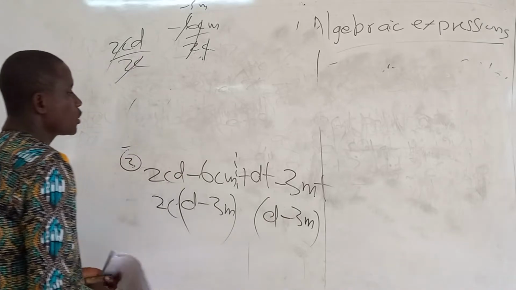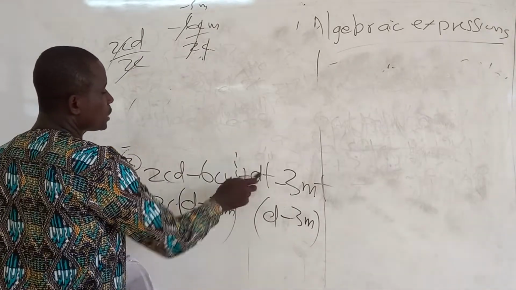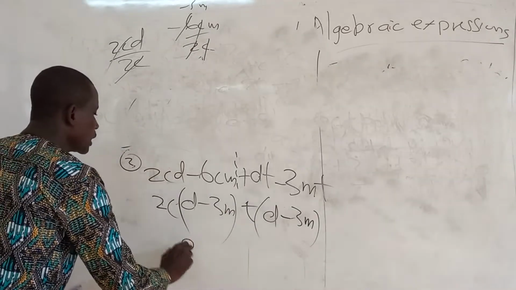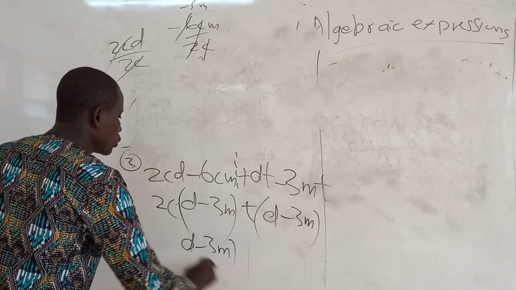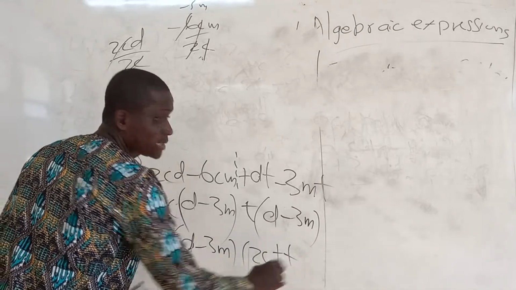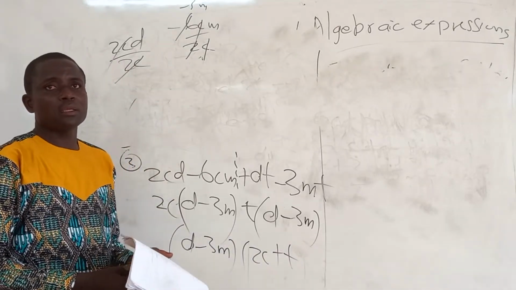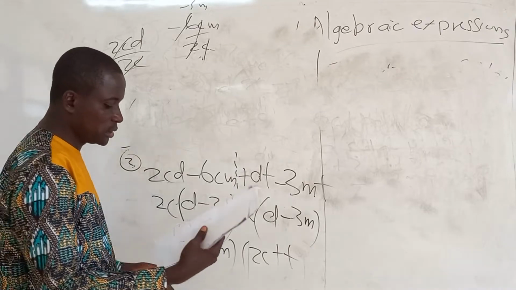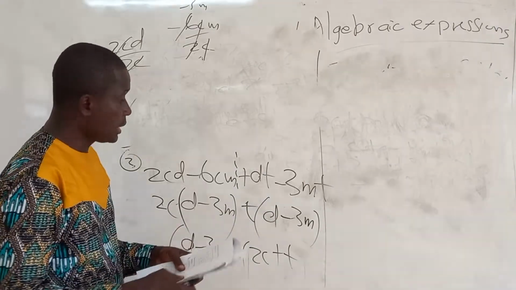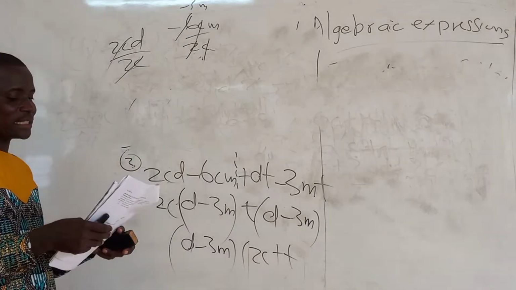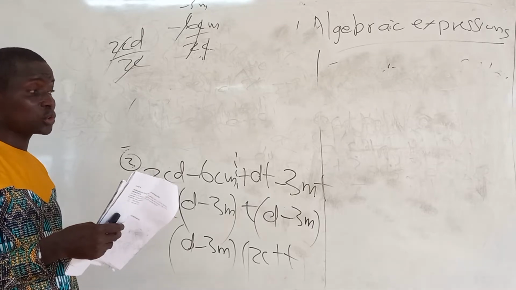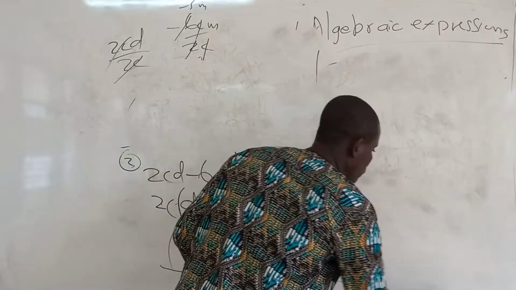So if it is minus, then we can use this to divide this, and that will be T. So finally, I'm going to get D minus 3m in a bracket, then 2c plus t. Exactly, 2c plus t. If you're okay here, let's look at another example like this. Then, of course, we can proceed, because you can use it to solve a variety of problems.